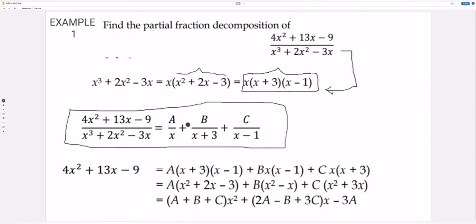There is a question sometimes, most of the students before asked, sir, what if I put A over x plus 3, and then plus B over x, plus C over x minus 1?